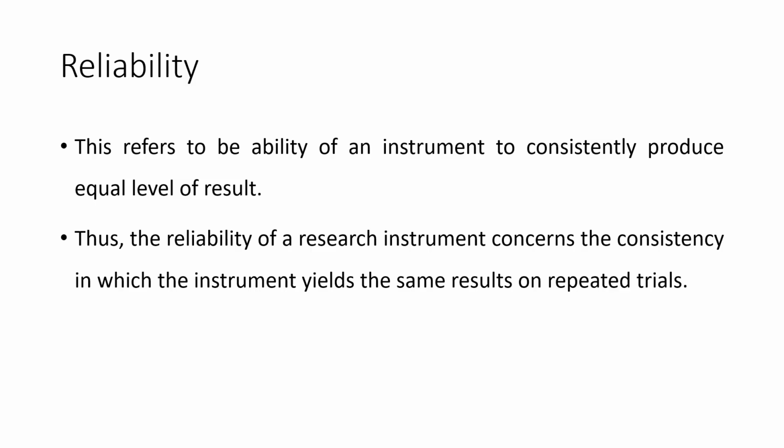Thus, the reliability of a research instrument concerns the consistency with which the instrument yields the same results on repeated trials. So if you try it the first time, after repeated trials, it must be giving you the same results.